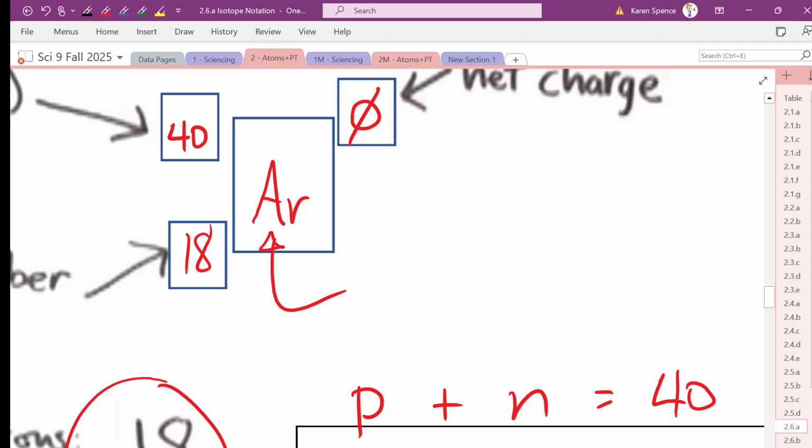Cody, what group does argon belong to? It is a noble gas. What do we know about the noble gas's outer shell? Yeah, it has a full outer shell.